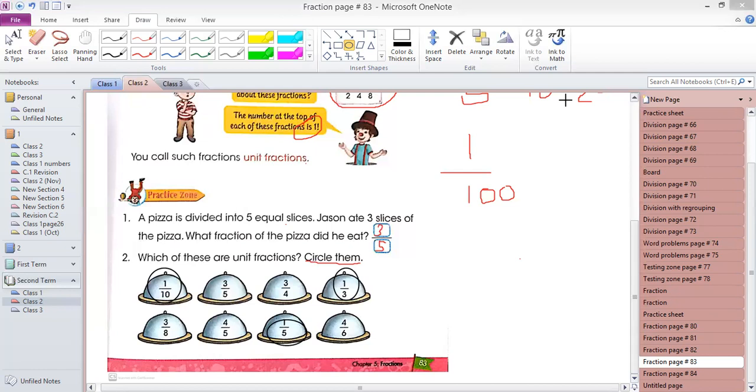The next is 4 over 6. Is 4 over 6 a unit fraction? No. Very good. So there are 3 unit fractions: 1 over 10, 1 over 3, and 1 over 5.